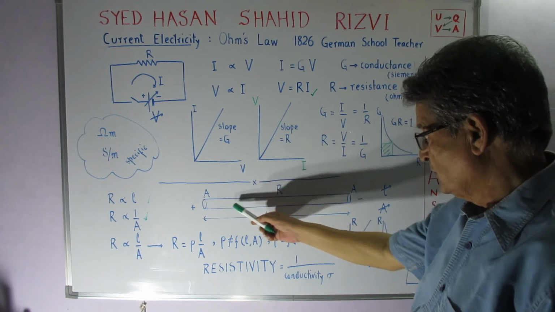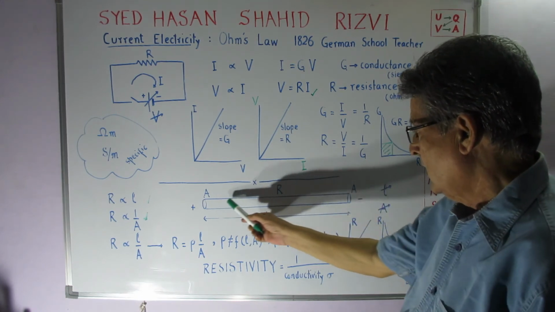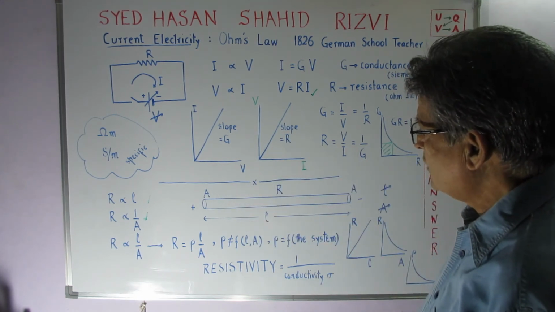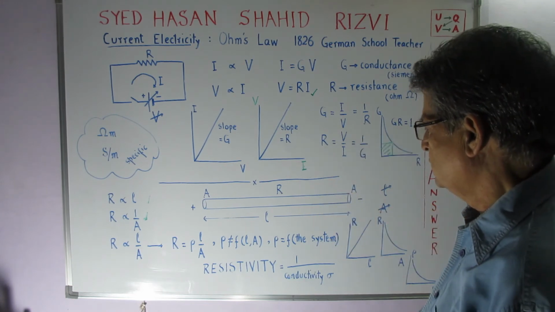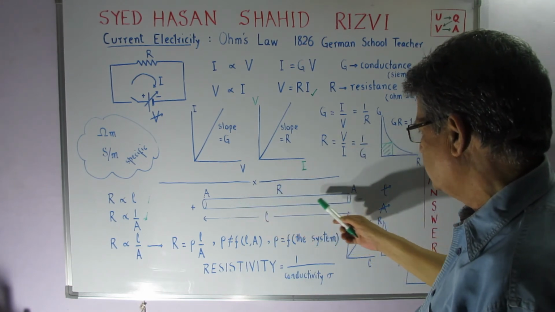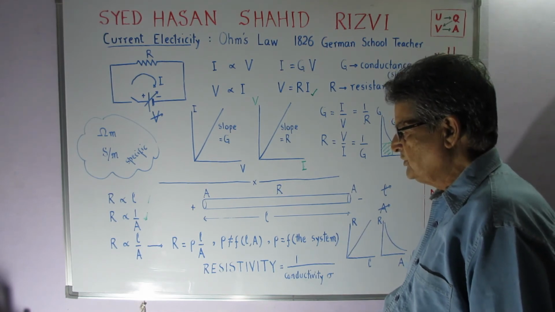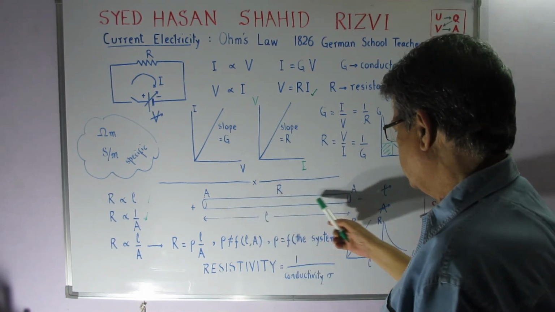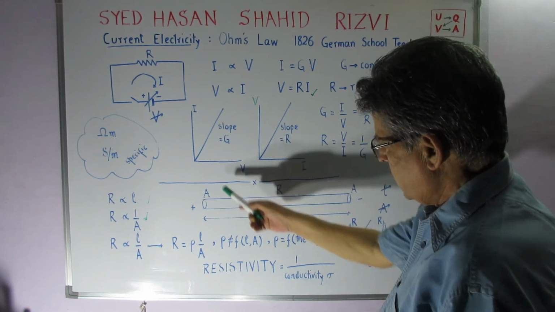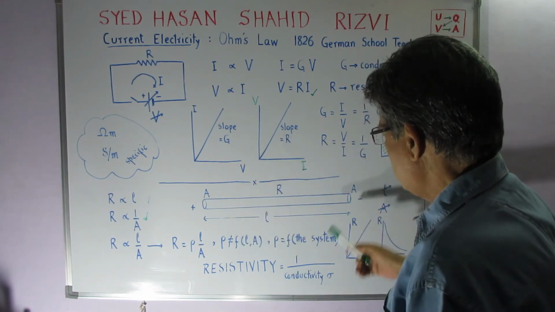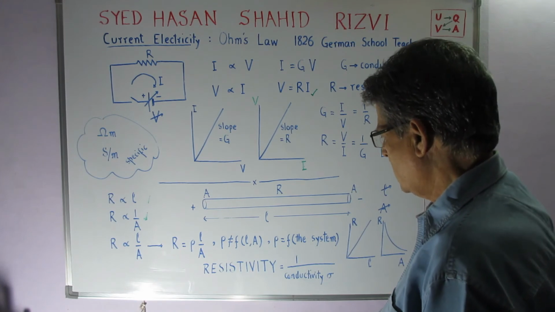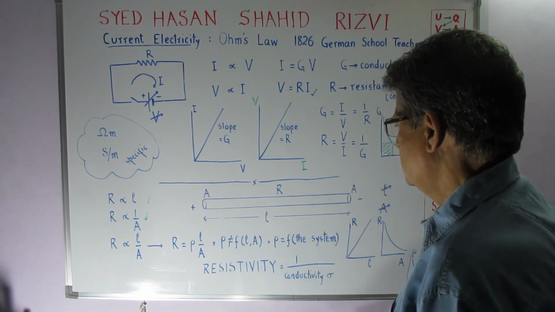This material is supposed to be isotropic. It is supposed to be uniformly inhabited by the atoms or molecules which comprise this particular material. Area of cross section is everywhere the same, right? L is changed, A is changed.